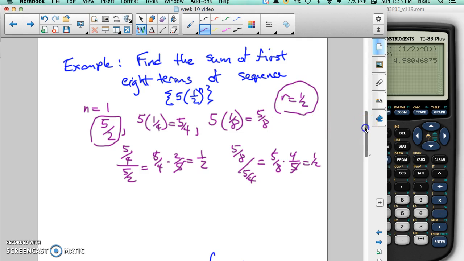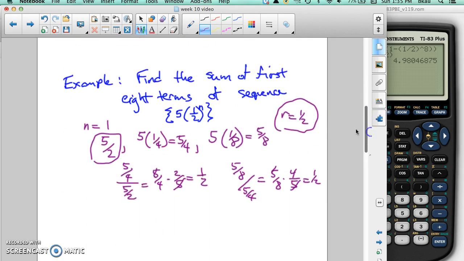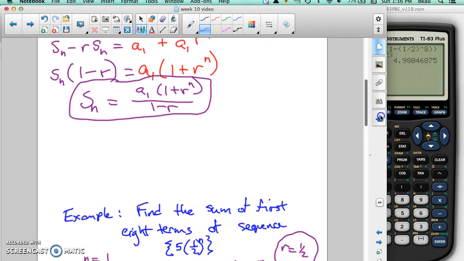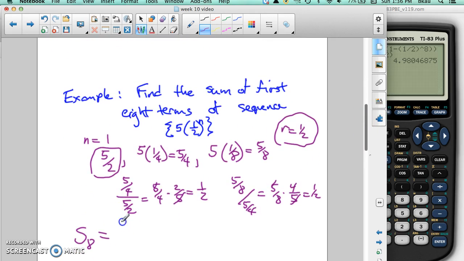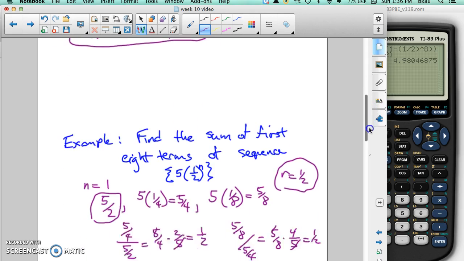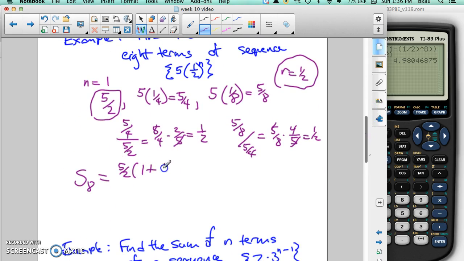So if I use the formula that I have here with the 5 halves and the 1/2 as my ratio, my formula up above is s sub n, so s sub 8 equals a sub 1. A sub 1 is 5 halves times 1 minus r to the n, so r to the n is 1/2 to the 8th power, over 1 minus r, which is our denominator.